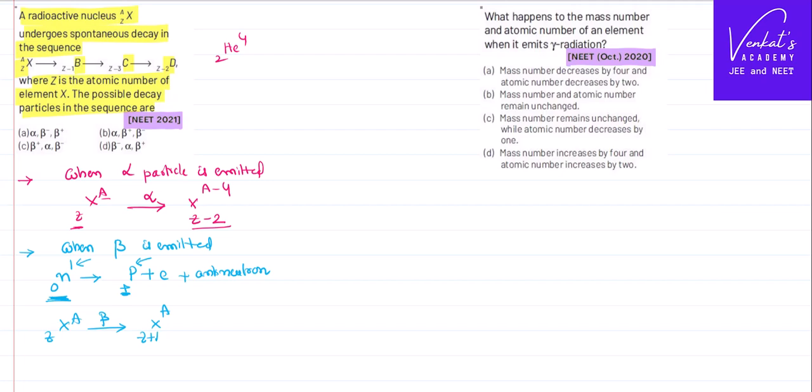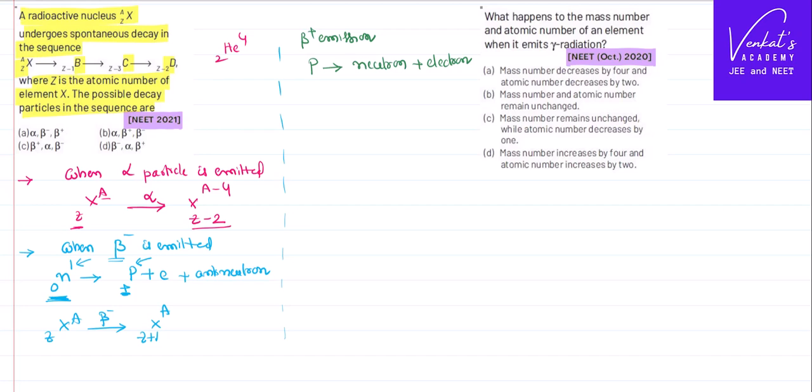This kind of beta is many times called beta minus. But there is another possibility for beta emission, which people call beta plus emission from the nucleus. In the case of beta plus, a proton inside the nucleus gets converted into a neutron and a positron, and of course an antineutrino is also released.